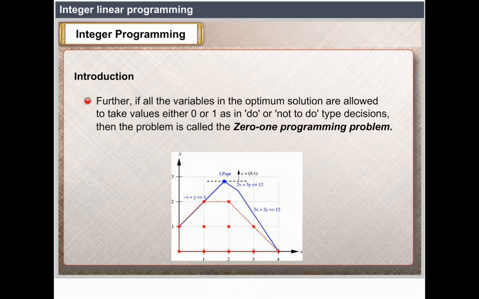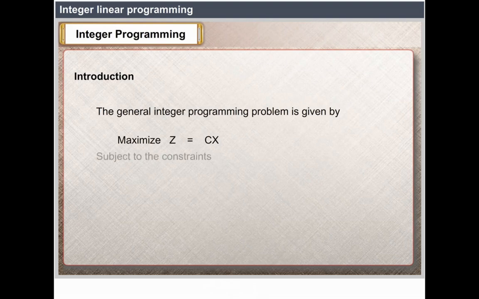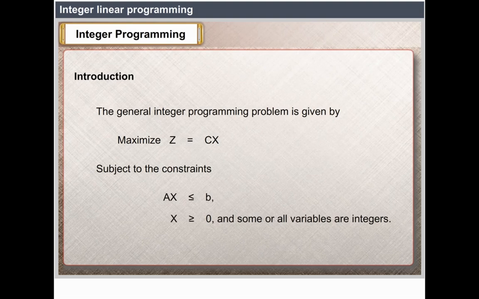Further, if all the variables in the optimum solution are allowed to take values either 0 or 1, as in do or not to do type decisions, then the problem is called the 0-1 programming problem. The general integer programming problem is given by maximize z equal to cx subject to the constraints ax less than or equal to b and x greater than or equal to 0, where some or all variables are integers.